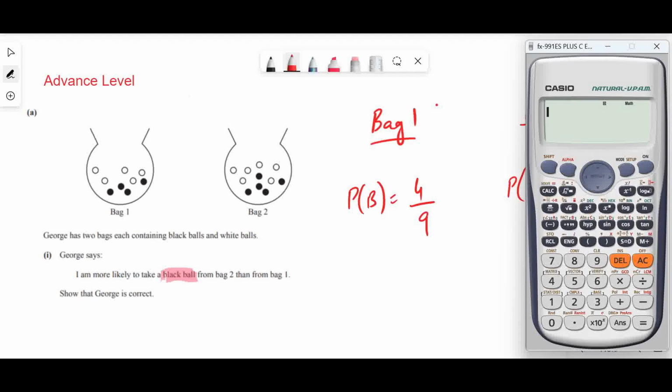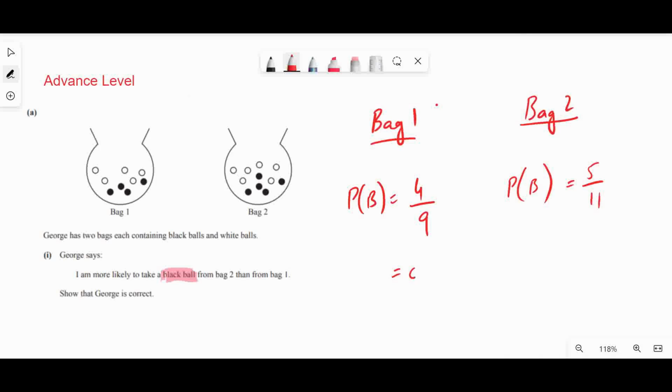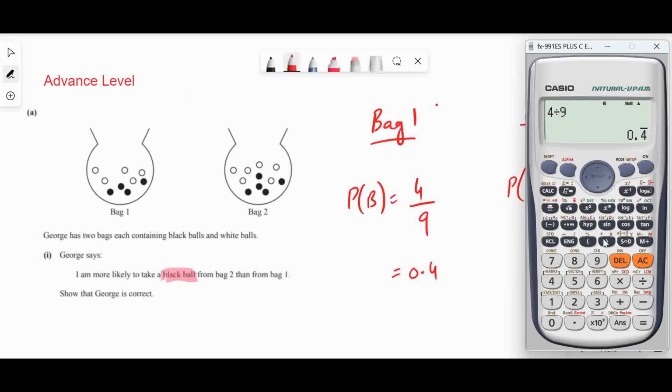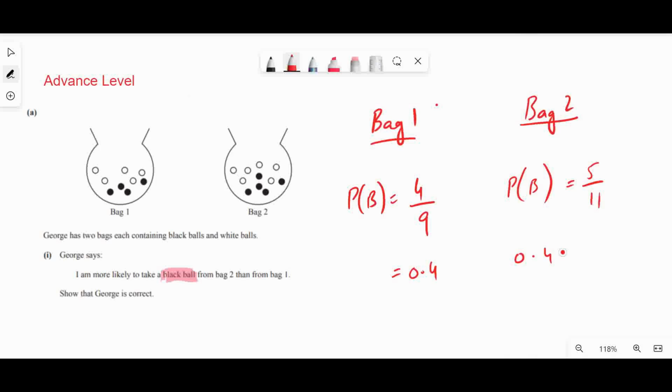So now 4 divided by 9 will be equal to 0.4, and 5 divided by 11 will be 0.45.